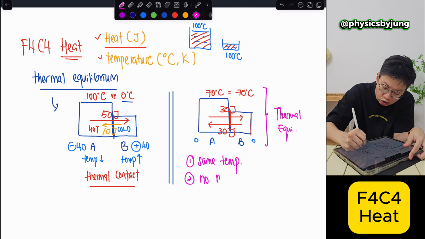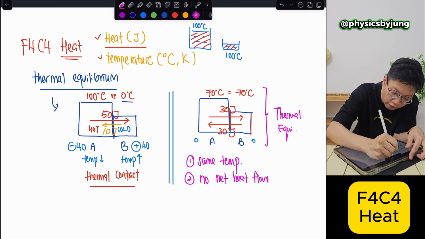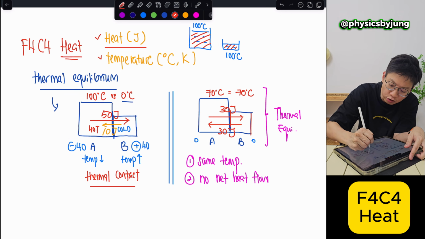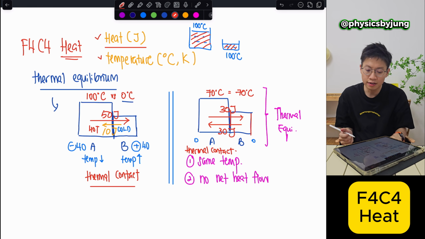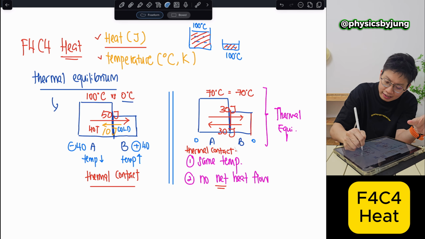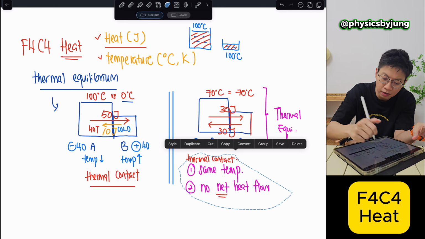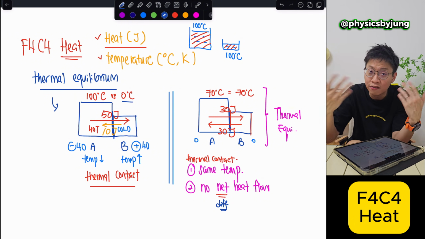Number two, there is no net heat flow, provided, of course, don't forget the term, they must be in thermal contact. Now, what is the meaning of net heat flow? This word net is very important, because net means the difference, no difference.